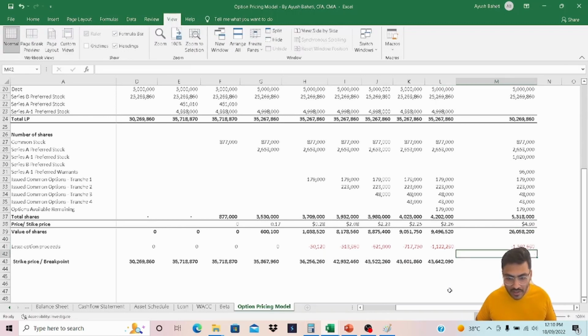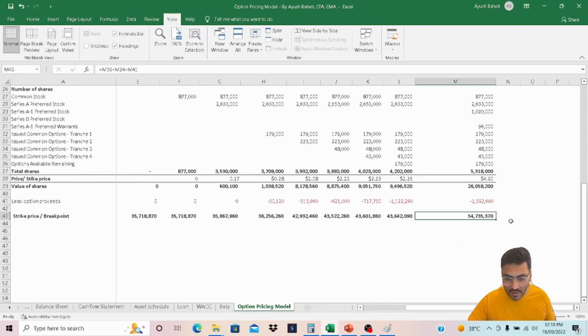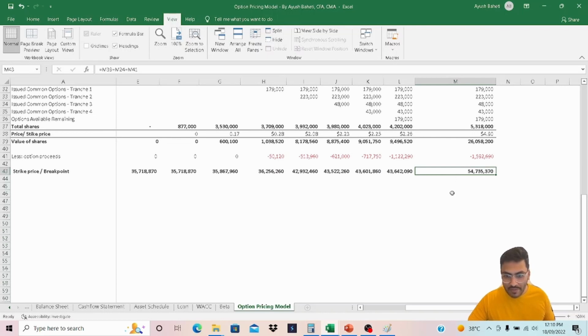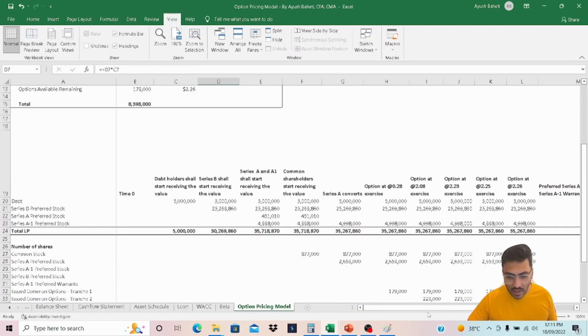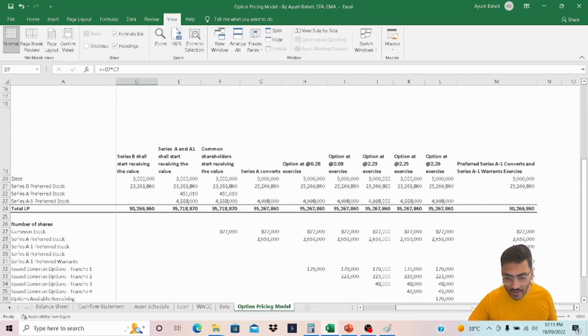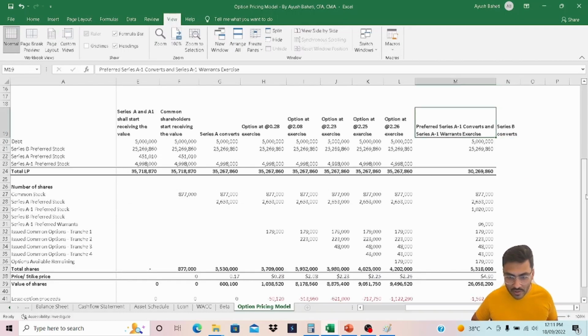This is the option proceed, and this is the strike price or breakpoint, which is, I'll just show you, 54.7 million. Breakpoint or only possible scenario left is that the series B will convert into equity shareholders. So our last breakpoint will be series B converts.